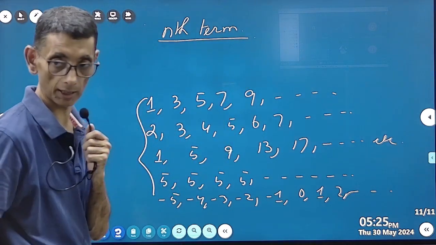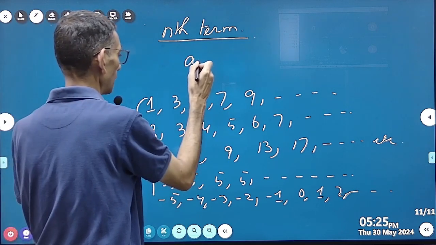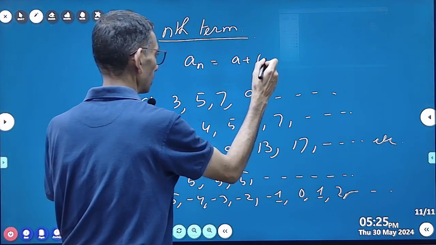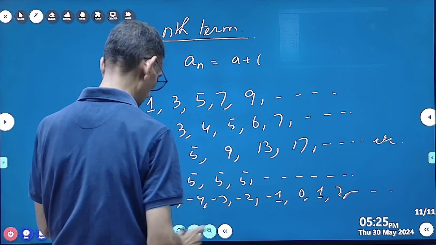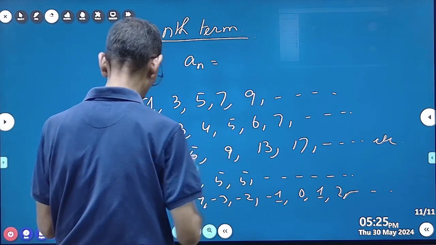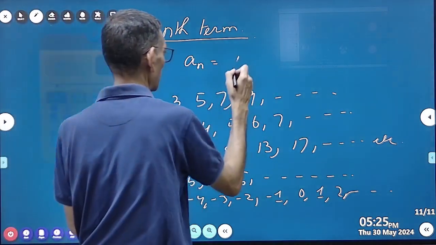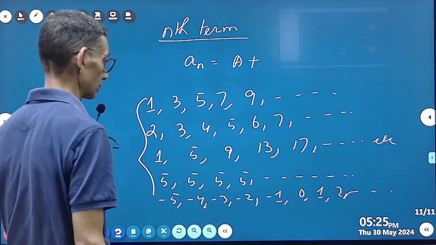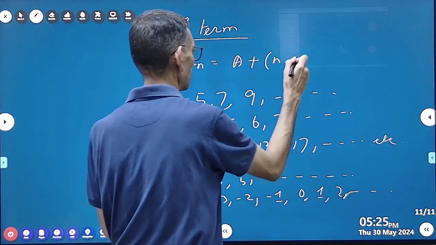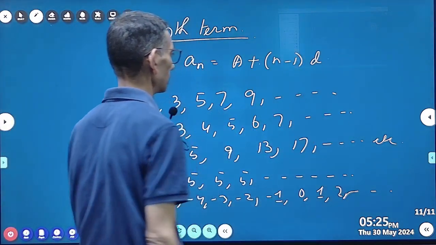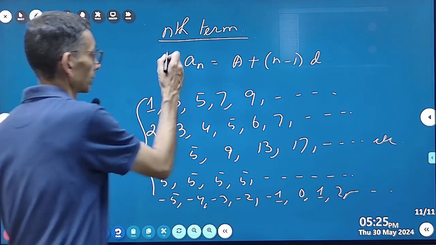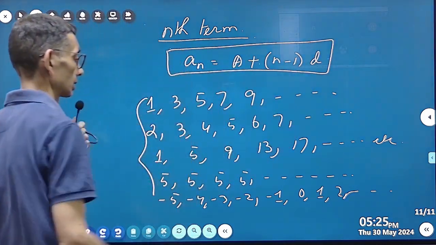We call the nth term a_n, equal to a plus (n minus 1) into d. Here we'll use a common symbol, capital A. This is called the nth term formula, so you have to remember it.